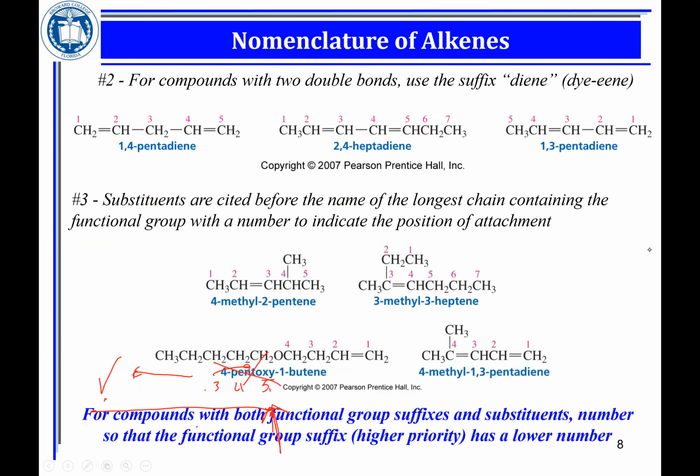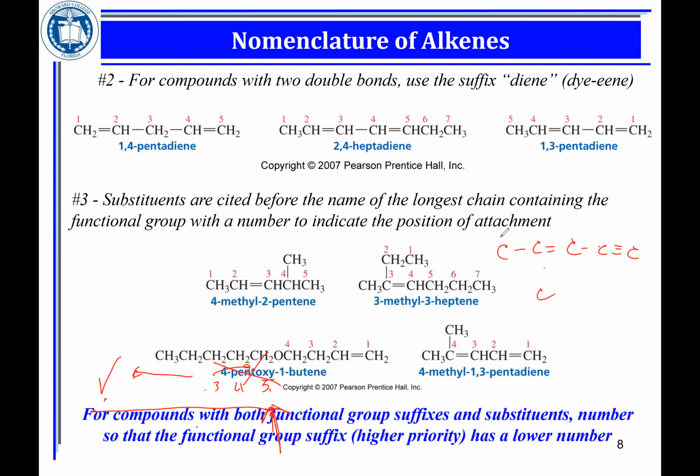So the double bond takes priority, right? But if it's a triple bond, the double bond still takes priority. Good question. You are one chapter ahead. So if you have a double bond versus a triple bond, the double bond takes the priority. That's kind of unusual.